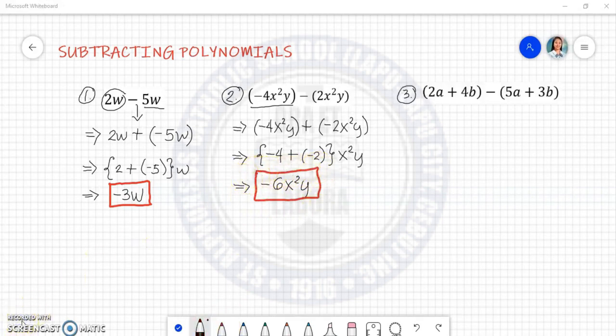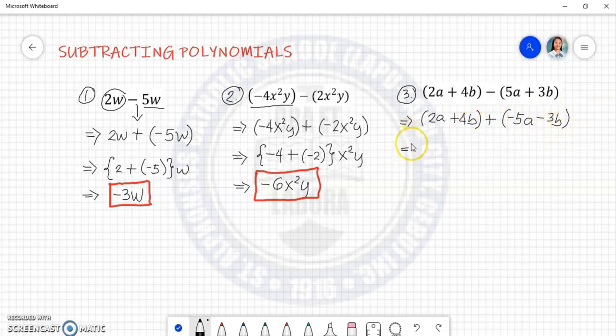Let's continue to example number 3. 2a plus 4b minus 5a plus 3b. Okay, before anything else, change the sign first. 2a plus 4b plus, get the opposite sign of the subtrahend, negative 5a minus 3b.